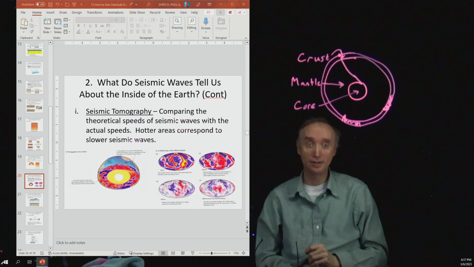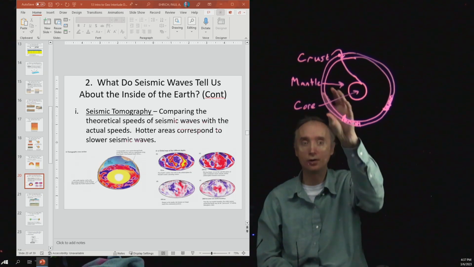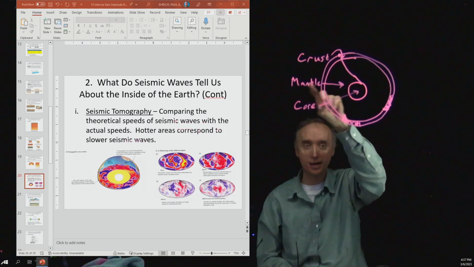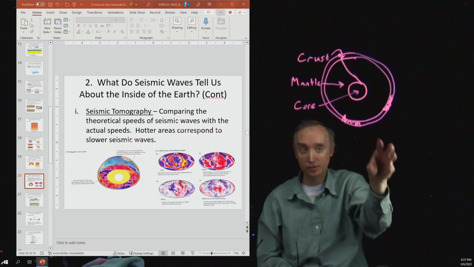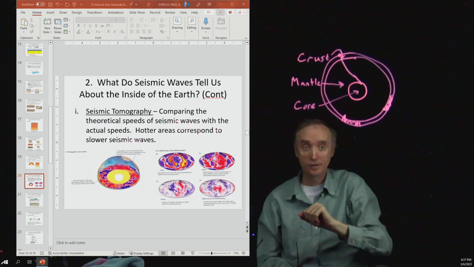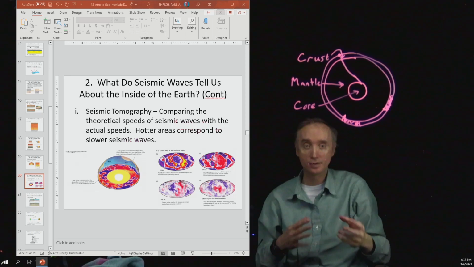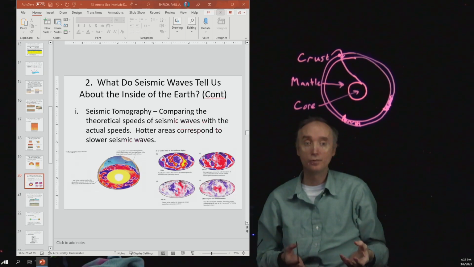Then we actually did. So we actually measured the speeds of these waves by knowing where the earthquake occurred and timing how long it took for the earthquake wave to get to a certain layer and then get back up to the surface. And so by measuring the times and the distances, we measured what the actual speed of the wave was.